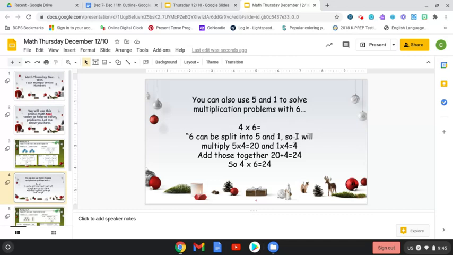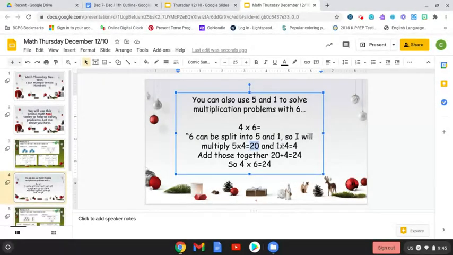So, instead of doing 4 times 6 or 6 times 4, you would do 5 times 4 and 1 times 4 instead of 6, because you split the 6 into 5 and 1. And because you're multiplying both of them by 4, your answer will not change. So 5 times 4 is 20, and 1 times 4 is 4. I put those together, 20 plus 4, and I get 24. So 4 times 6 is 24.